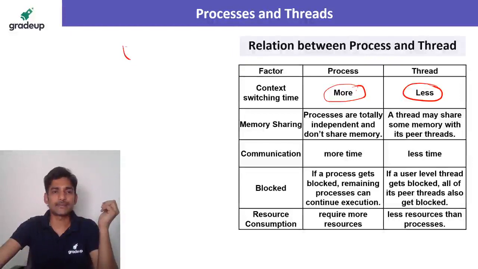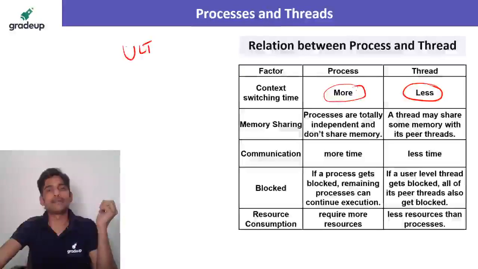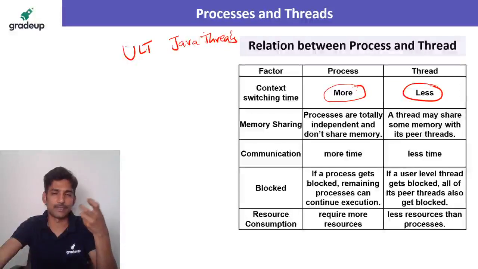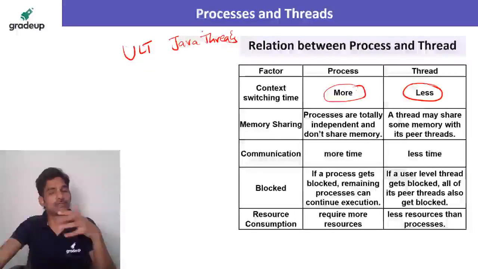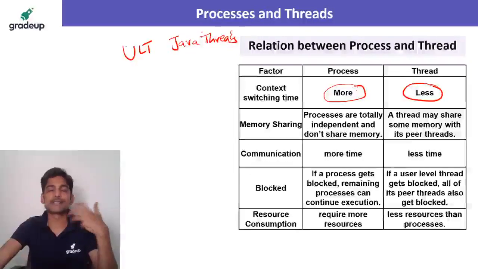As I said, guys, for user level thread, you can have one example as Java threads. In Java programming language, we have multi-threading concept. I believe everybody remembers that. So Java threads are created by us. They are user level threads.